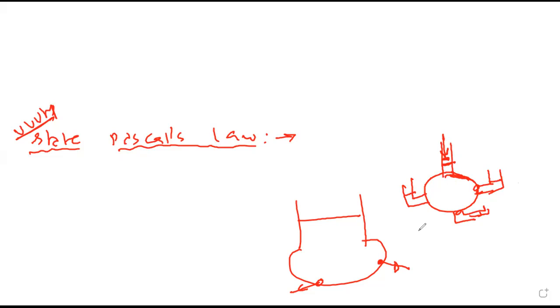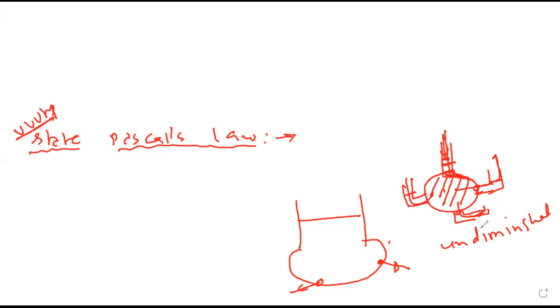So Pascal suggested that if liquid is taken in a closed container, and pressure is applied at one point, it will be transmitted at every point of the liquid undiminished. What is the meaning of undiminished?